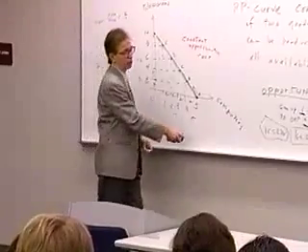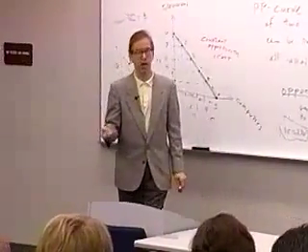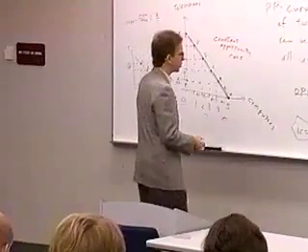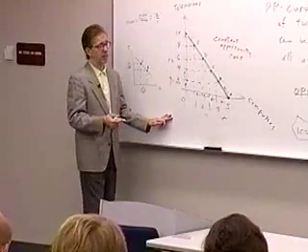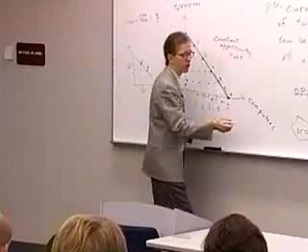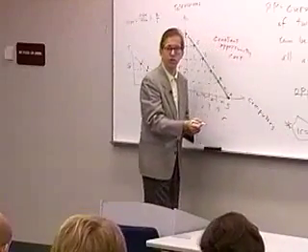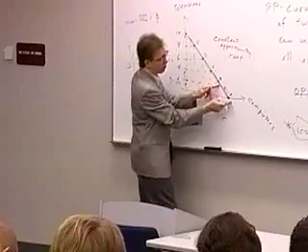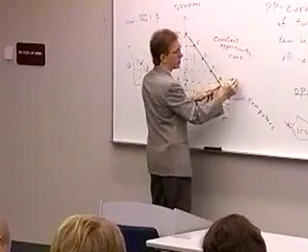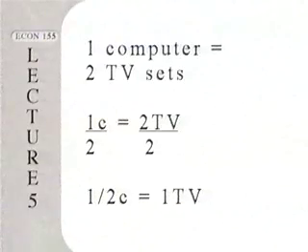I would urge you, when it's time to study for a test, to work through these numbers just a little bit and make it clear to yourself where I was talking about these opportunity costs. What we have in each one of these instances, just moving between any 2 points, is 1 computer equals 2 TV sets. That's the slope of this curve.